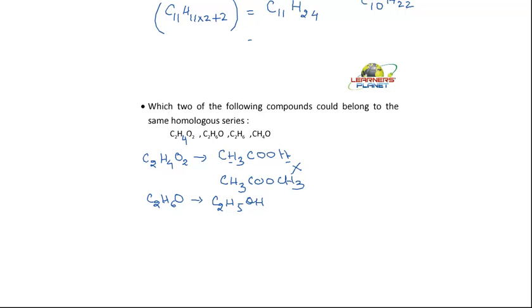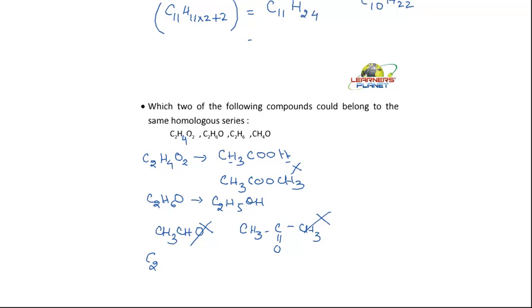Had it been an aldehyde, its formula would have been CH3CHO. Are the hydrogen atoms matching? No. So this is not an aldehyde. Had it been a ketone, it would have been CH3, C double bond O and CH3. So this is also wrong. So it is an alcohol.